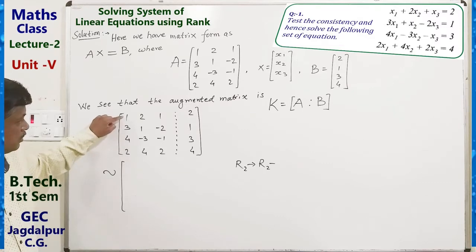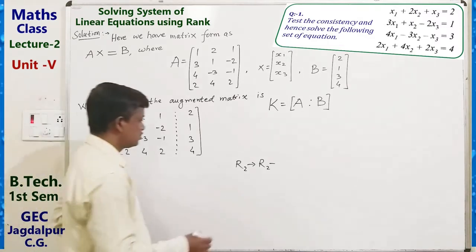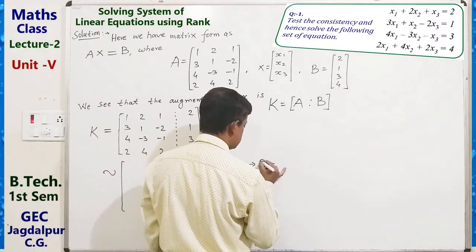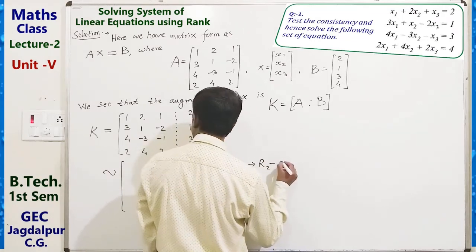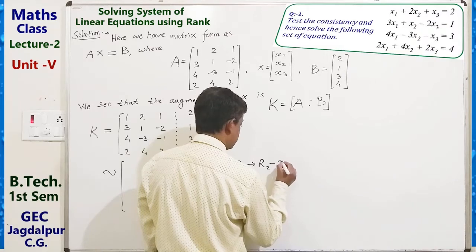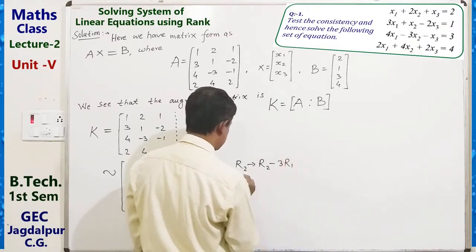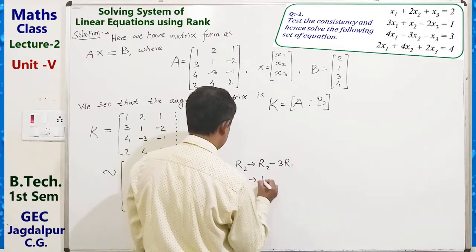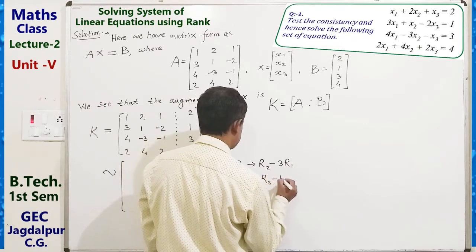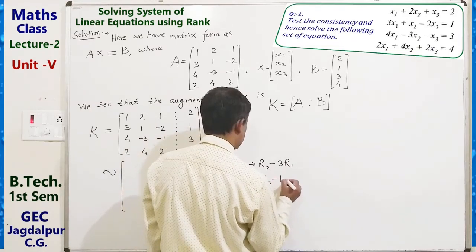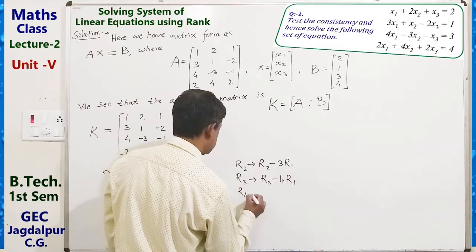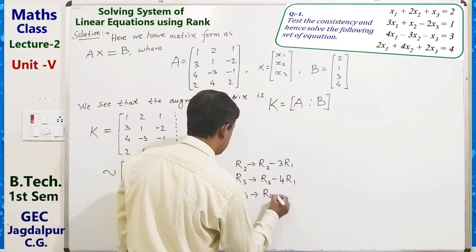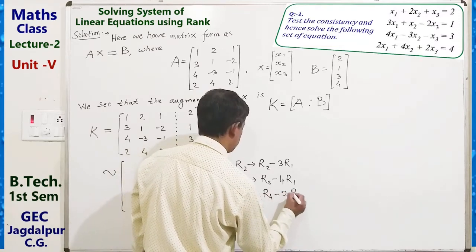So multiply by 3, 4, 2: R2 minus 3R1, R3 minus 4R1, R4 minus 2R1.